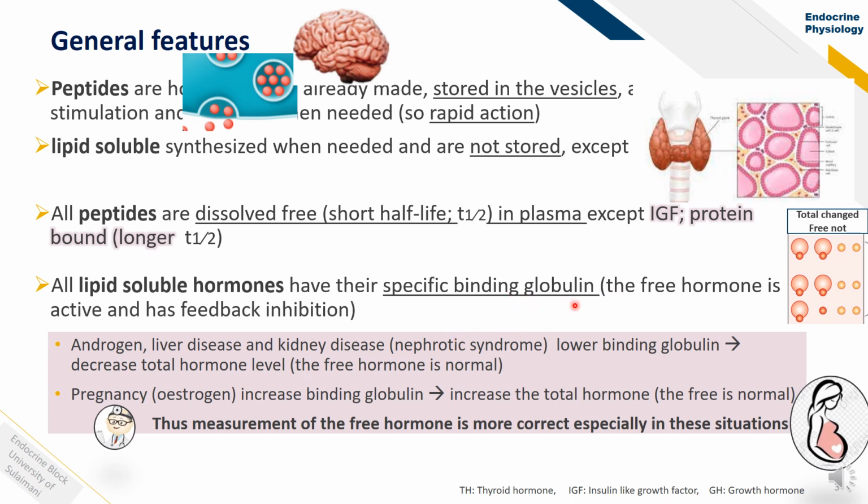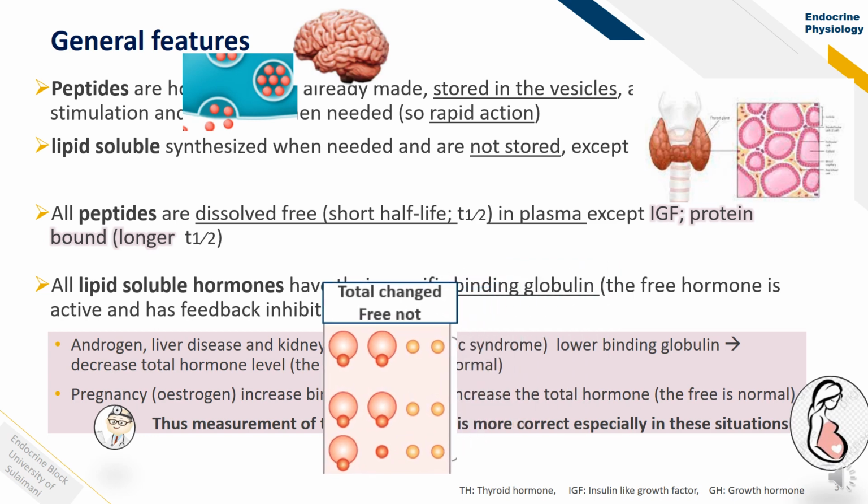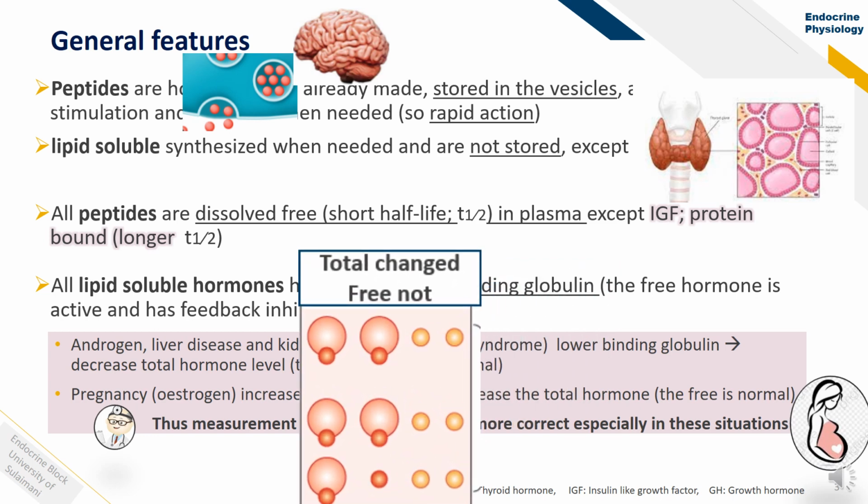This feature of the hormone is very important clinically. You have to remember why, because as we said, we have free hormone and total hormone. And as you know, the free hormone will not change; only the total hormone changes in case of a change in the level of plasma protein.